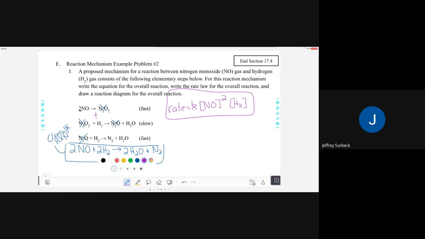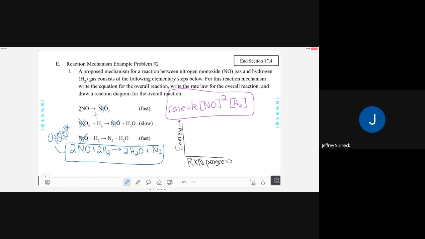Last thing is our reaction mechanism. So again, we have reaction progress and we have our energy. So this time we have 3 steps. So how many hills will we have in our diagram? 3. What is going to be the steepest hill?